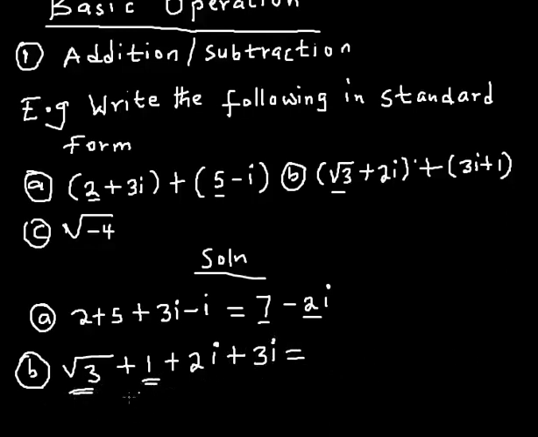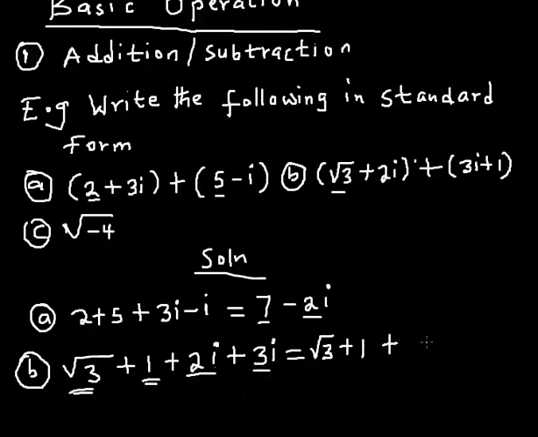That's going to be minus 5 all over 34, then minus 3i divided by 34. So in standard form, this is the real part, and this is the imaginary part.